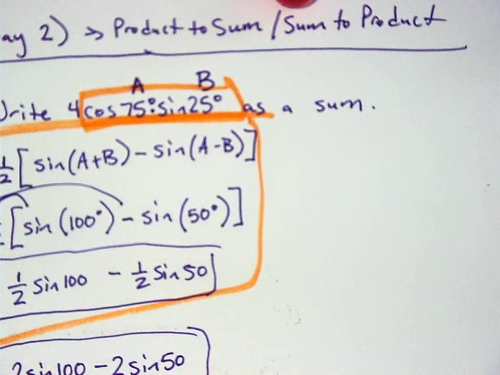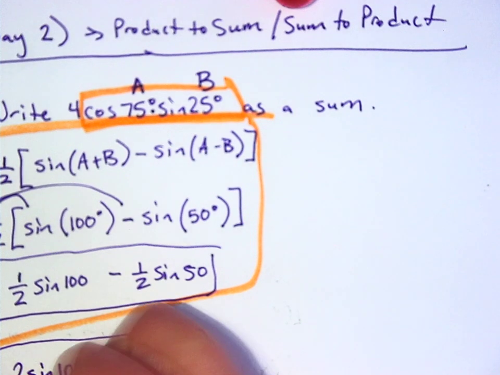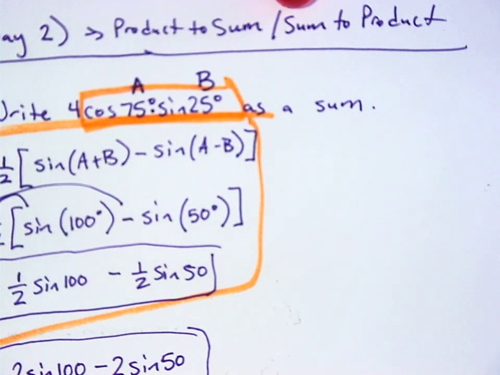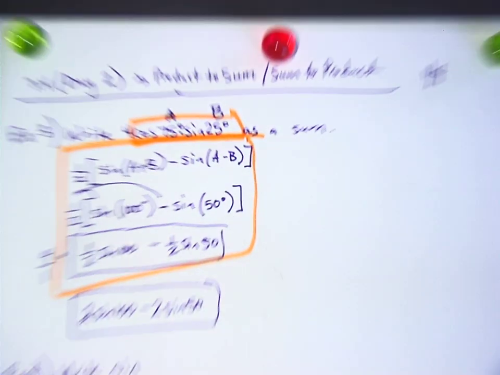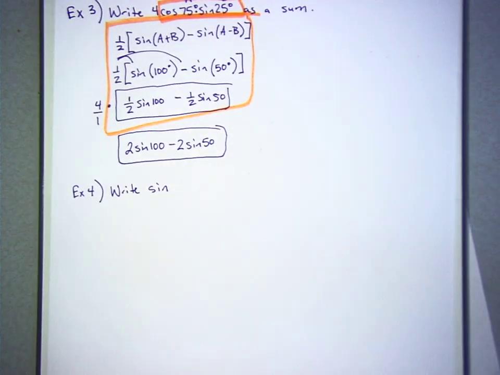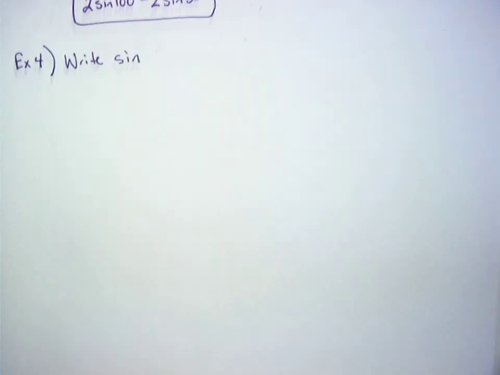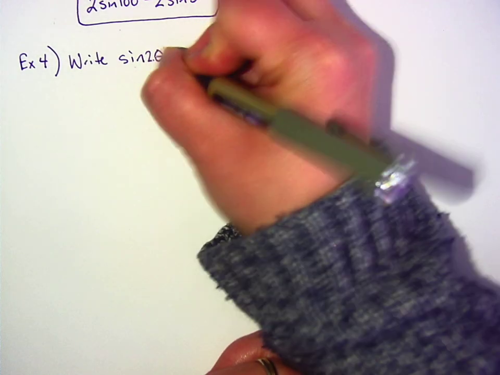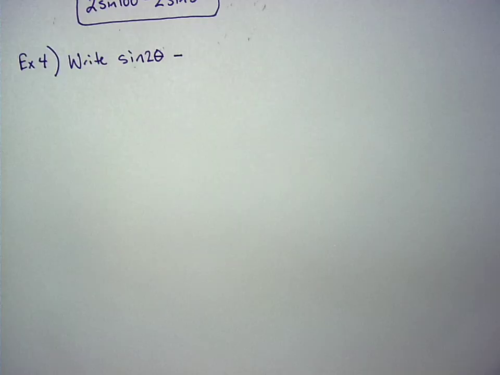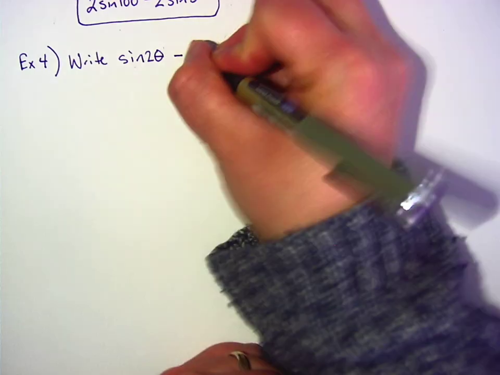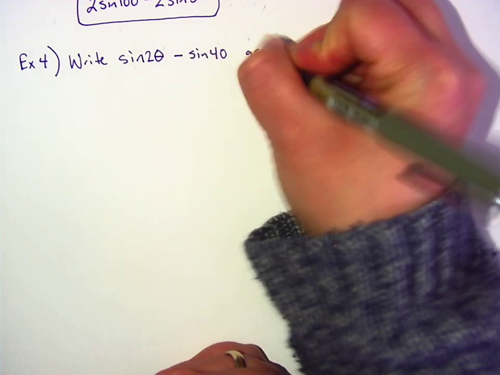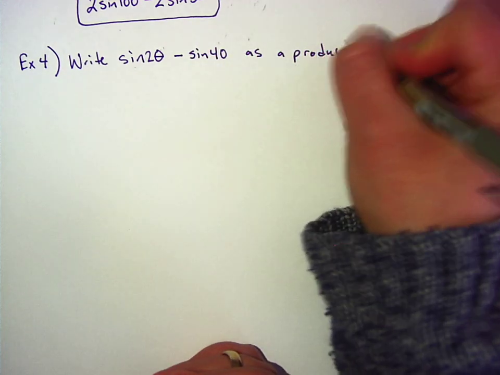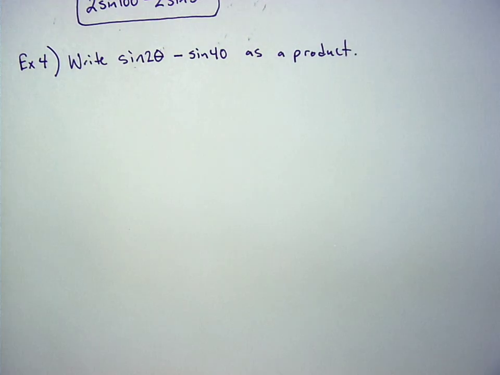So now let's do example 4, the last example we're doing, and then I'll give you some time to work. All right, write the sine of 2 theta minus the sine of 4 theta as a product. Anyone feel like they're not going to understand which formula to use?